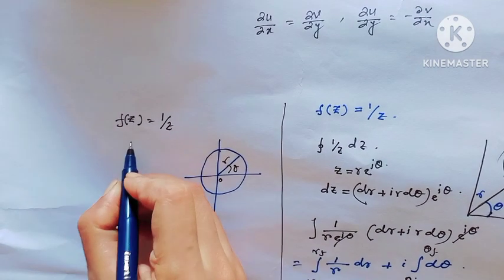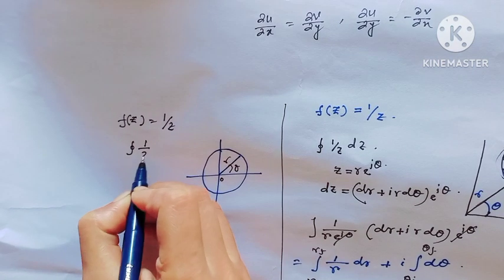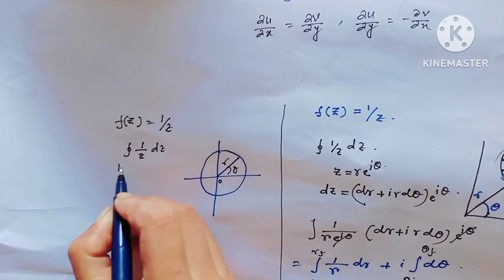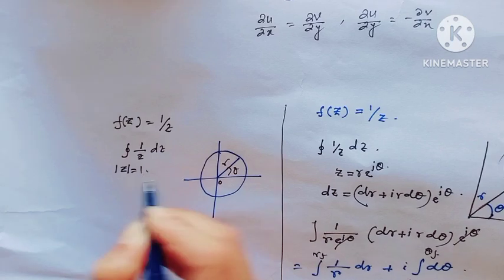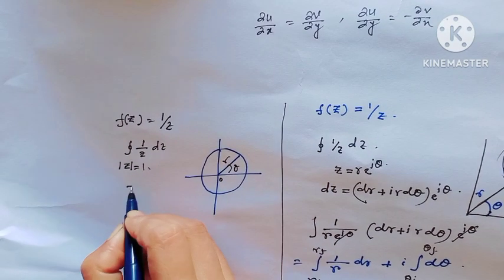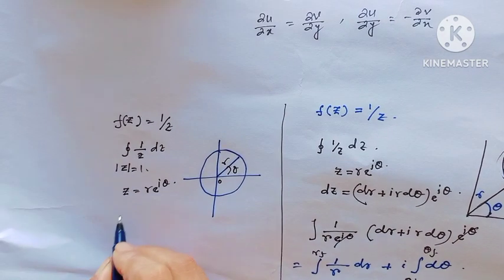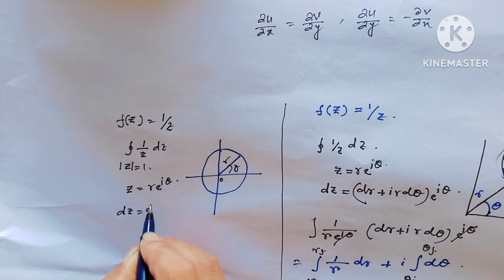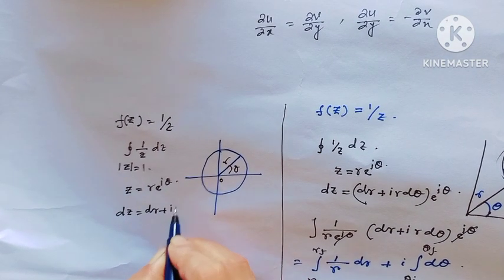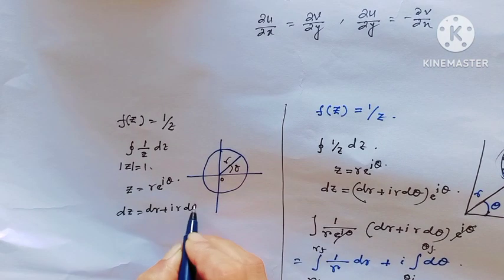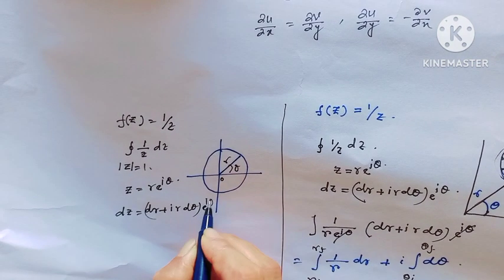Consider the integral of 1/z dz on the circle |z| = 1. Similar to before, consider z = re^{iθ}. Then dz would be (dr + ir dθ) e^{iθ}.